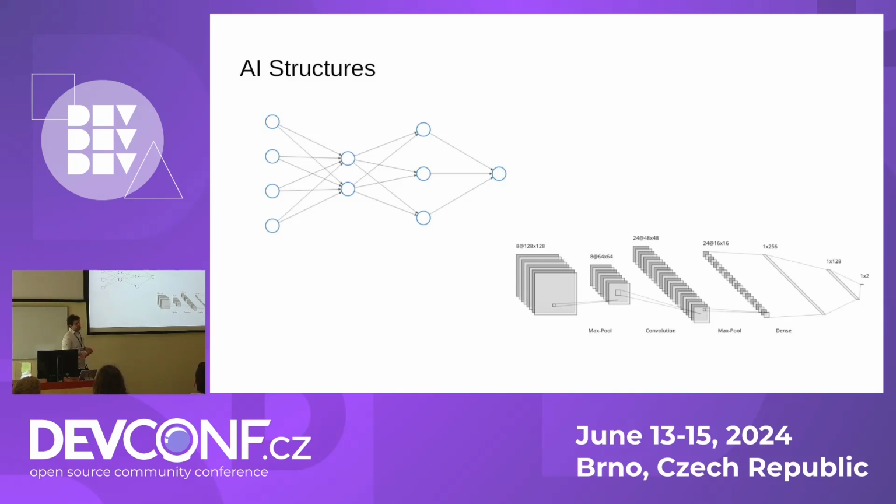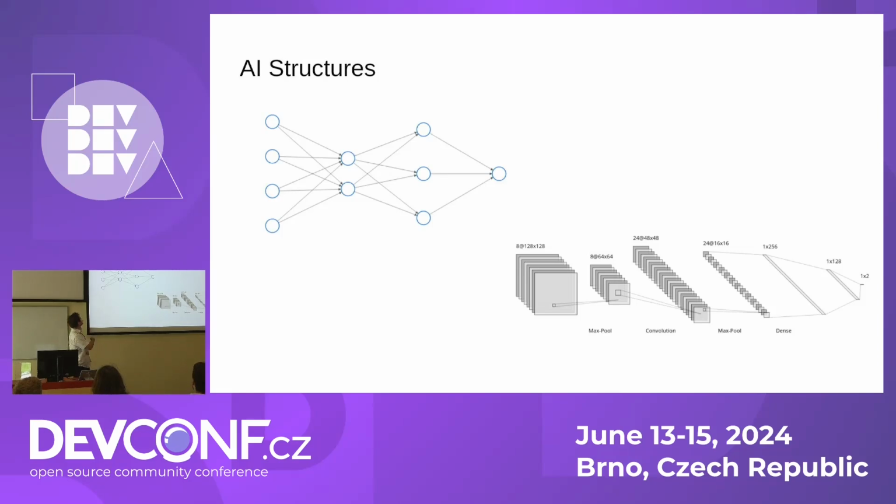Now I want to talk about some AI structures. By AI structures, I mean the algorithms that we can use to teach our artificial intelligence model. We can spend years talking about AI structures, but I want to present two structures that are the best known and very widely used, which are the artificial neural network, this one here.